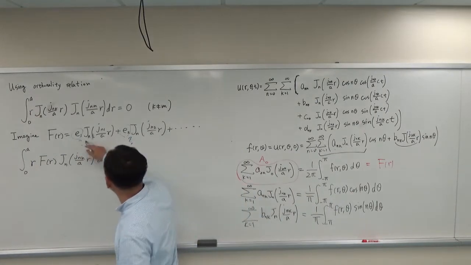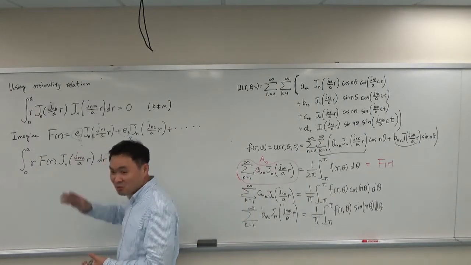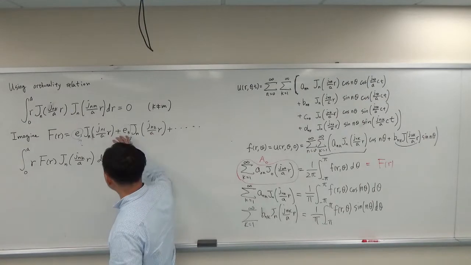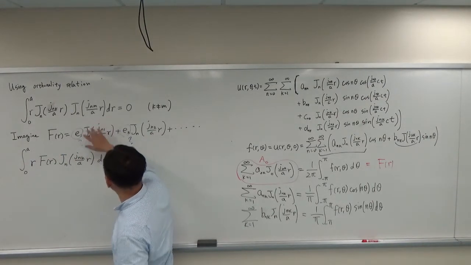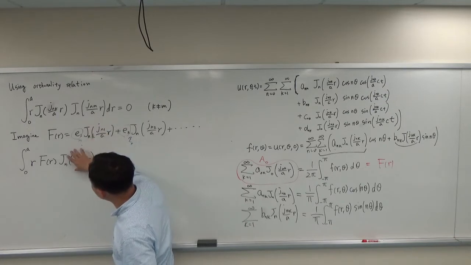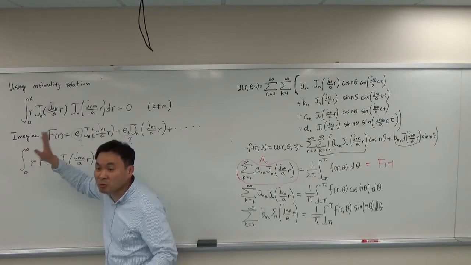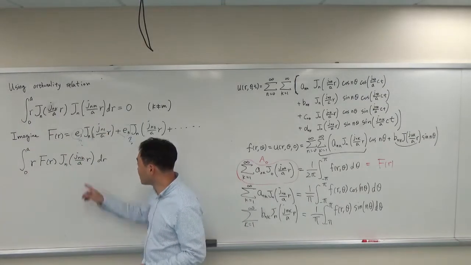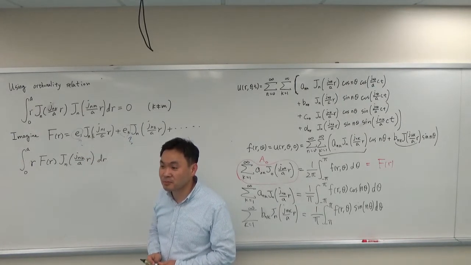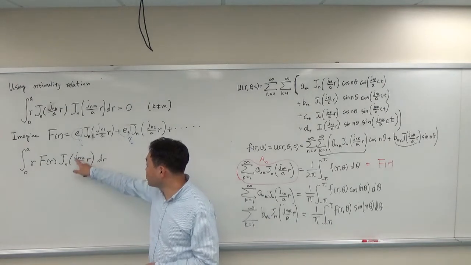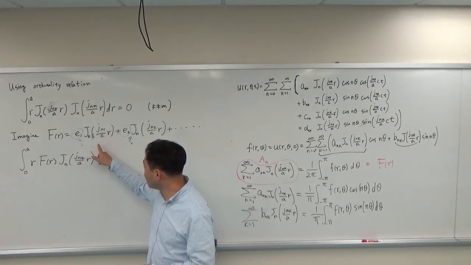So let's imagine that you plug this entire thing in. I'm too lazy to write it down because it's just too much. But if you expand this so that you get this times r integrated from 0 to a, what would you get? Let's say k is 5. So you have J_N5 and J_N1.